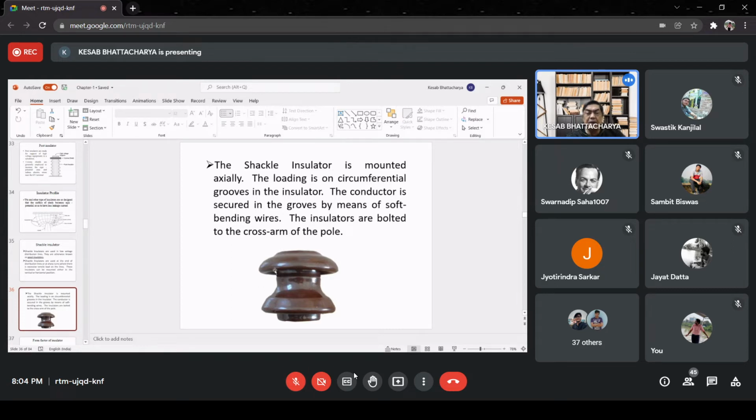These are the circumferential grooves in the insulator. The conductor is secured in the grooves by means of soft binding wires. It is placed on the top groove, and through the soft binding wire, it is tied in the side grooves. The insulators are bolted to the tower cross arm of the pole. This is how the Sacral insulators are used. Since it is very frequently used, I just mentioned it, but it does not really come into the category of HT insulators.